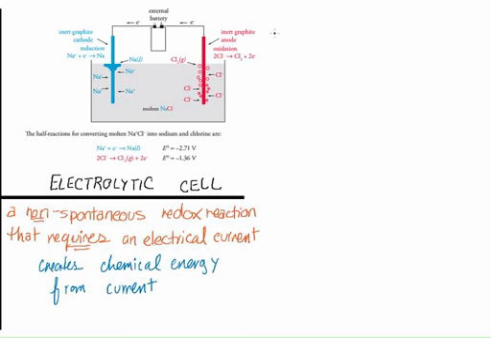Okay. So the main new piece of information that I want you guys to absorb today is that a guy by the name of Faraday came up with a really interesting observation a while back.